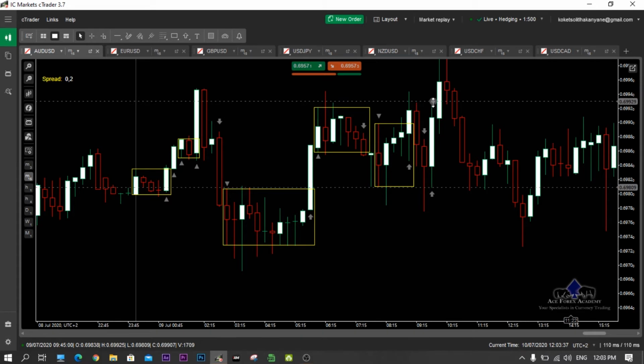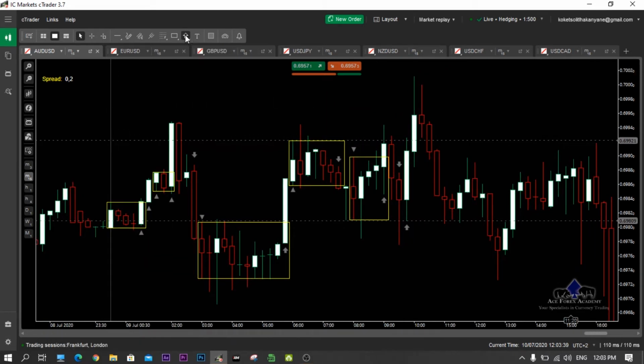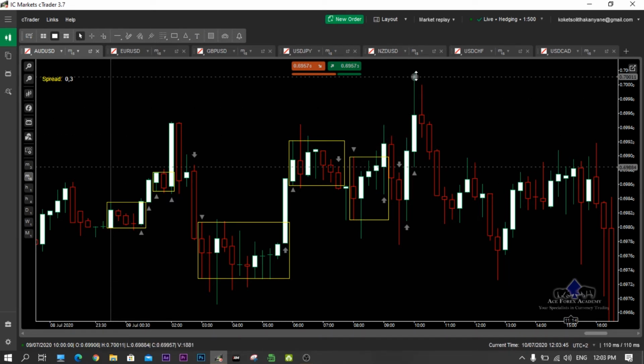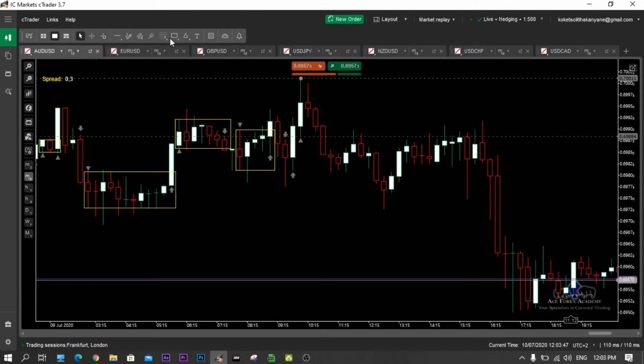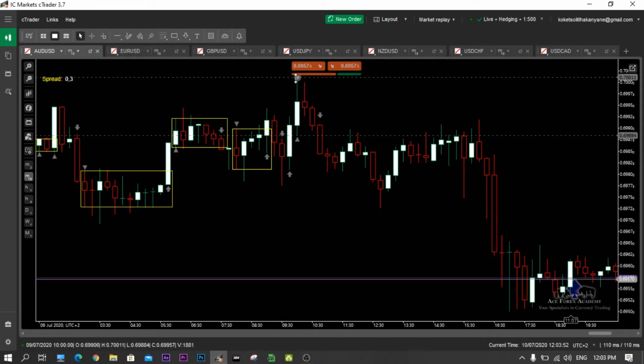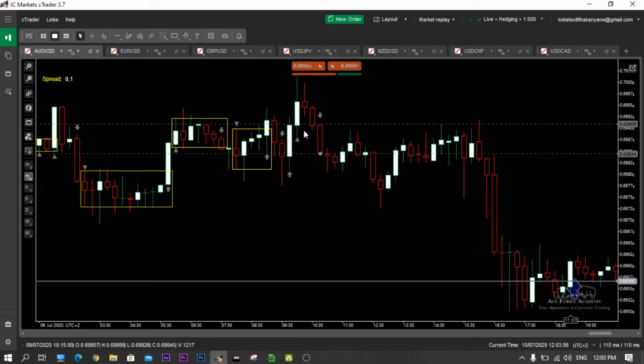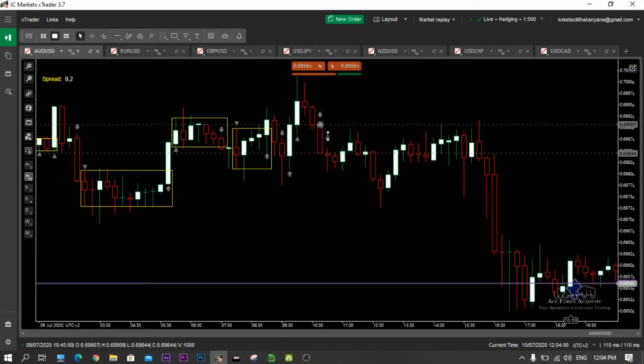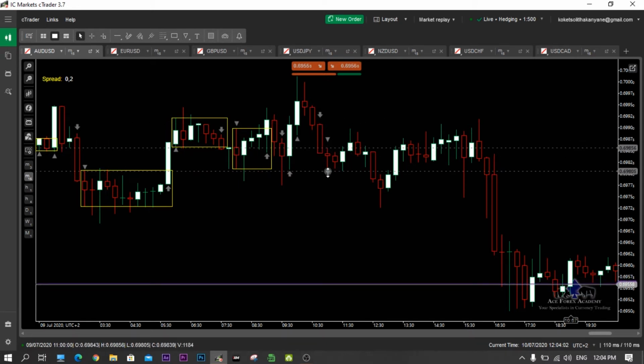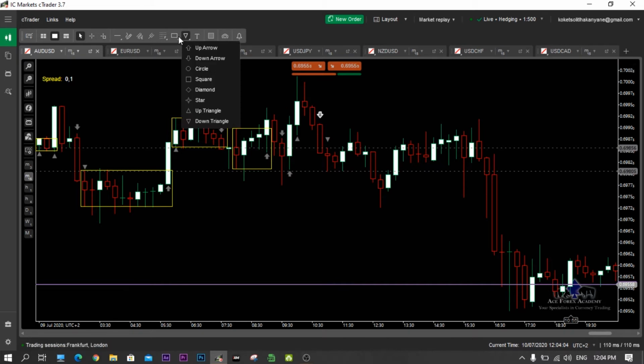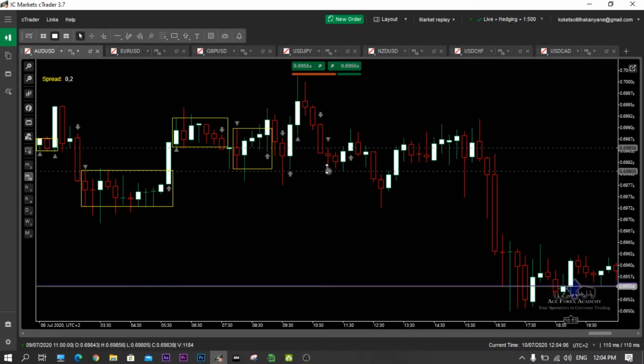They continue to push the market higher, then the bears came in and pushed the market lower. Then the bulls came in, pushed the market higher.